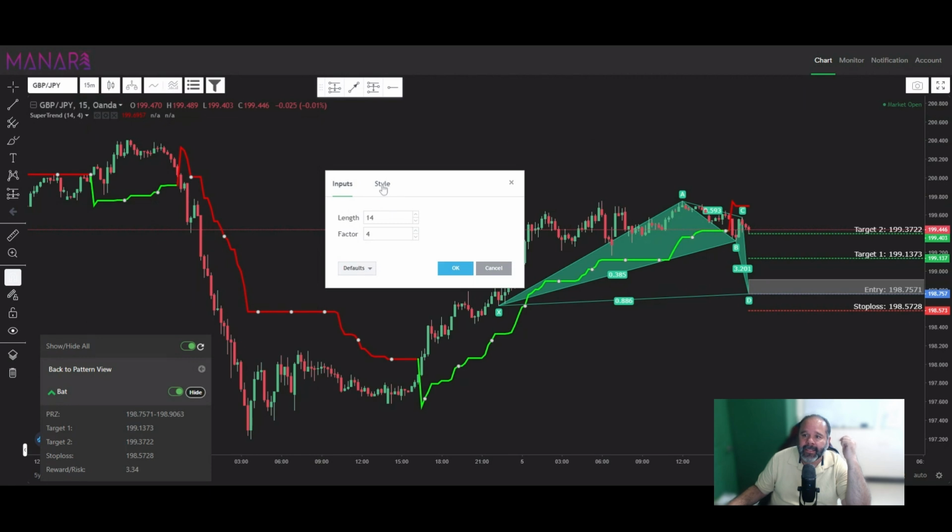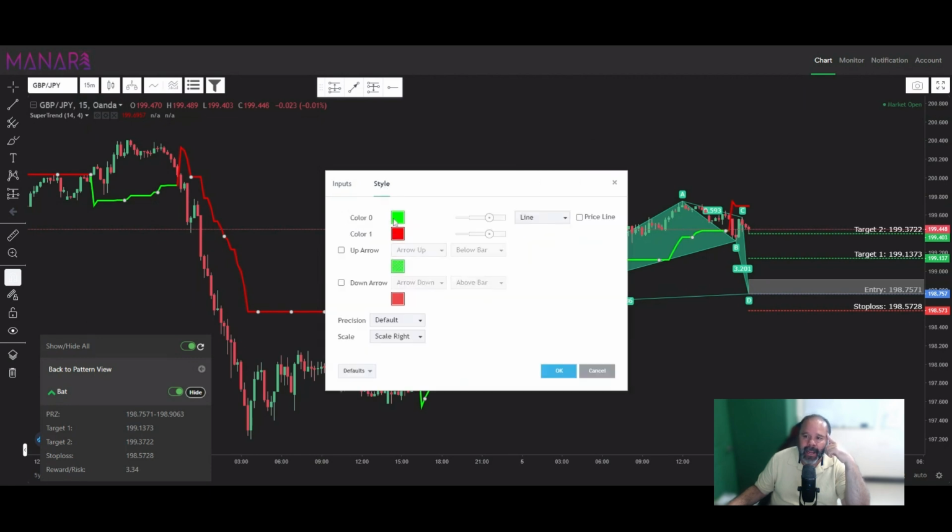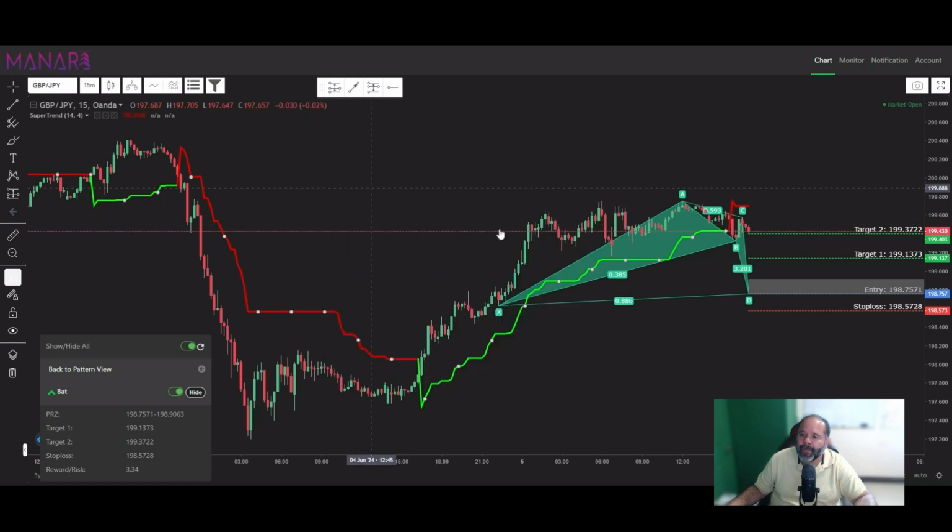And the style, this is the style that I have. You can use any style, but I prefer that you use green and red so you have the same information that I have. But once you learn the strategy, you can use any color. Then you click on OK, and that's it. You need to do it only one time.